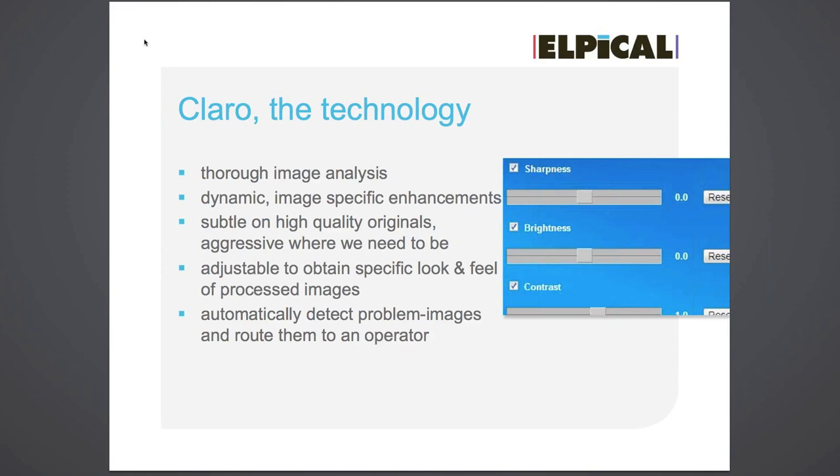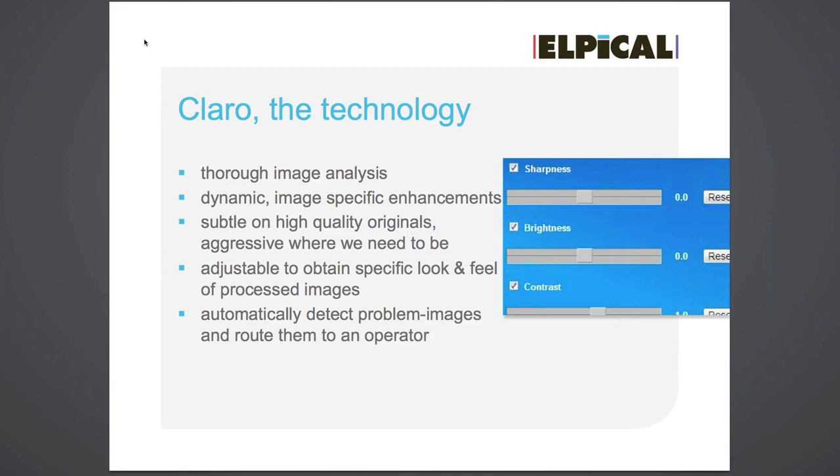To better understand that, in the settings that we will go through later on, what you set is a quality that you want to achieve for the images. Depending on the original quality of the image and based on the analysis of the image, one image will be corrected more drastically than the other.